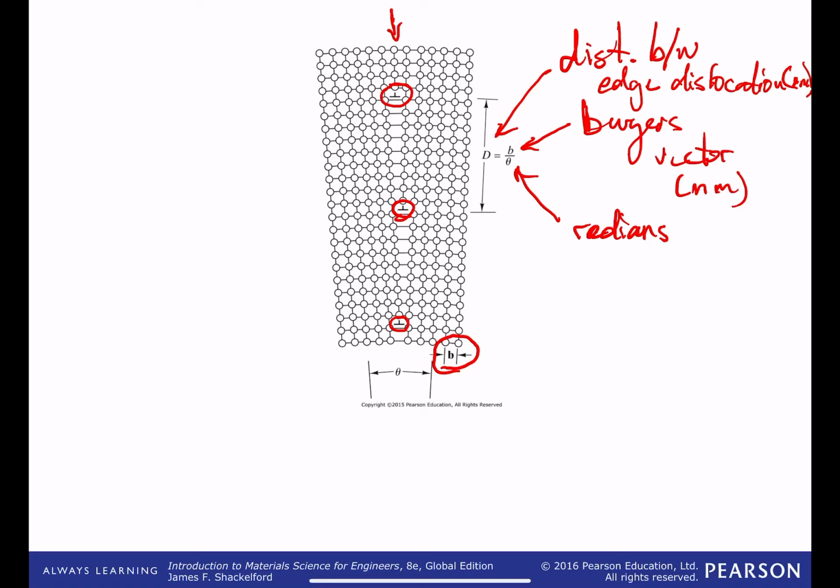So again, we recognize that there are pi radians in 180 degrees, and that would help us there. Okay, so this tilt grain boundary can be quantified further with this geometric relationship, if you will.